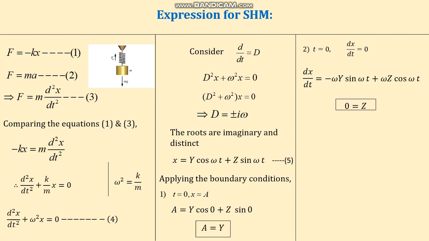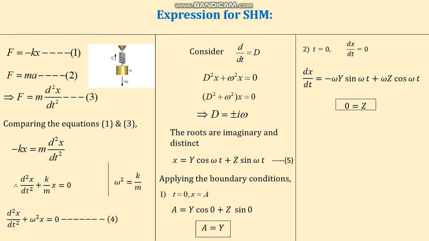Since t is 0, dx by dt equals minus omega y sin 0 plus omega z cos 0. dx by dt is 0, sin 0 is 0 and cos 0 is 1. Therefore, 0 equals omega into z. Omega is the angular frequency, which can never be 0. Therefore, the only possibility is z equals 0.